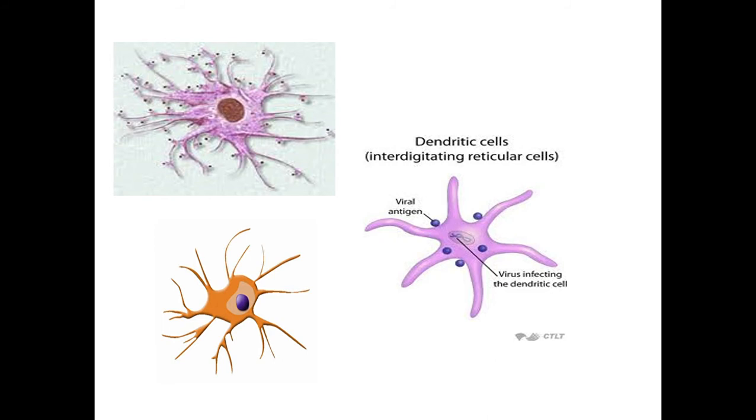So the dendritic cells have similar morphology as that of the undifferentiated mesenchymal cells, with their cytoplasmic extensions. So if they are present, we refer to them as interdigitating reticular cells. So they are involved in the different types of pathogens that will enter into the body.